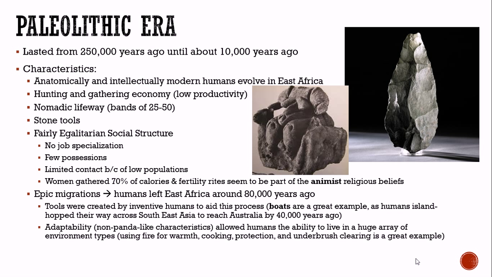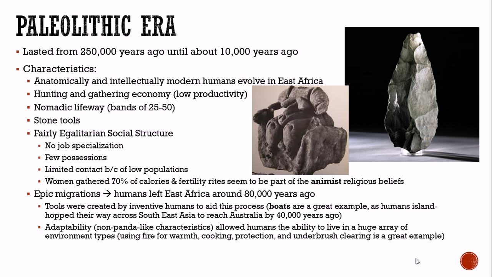So there wasn't job specialization. Everybody just hunted and gathered. There weren't very many possessions because they had to carry everything on their backs. And women gathered about 70% of the calories that people ate. So they had quite high status, and we see that in a lot of what we call Venus figurines that show up across Eurasia during this period.